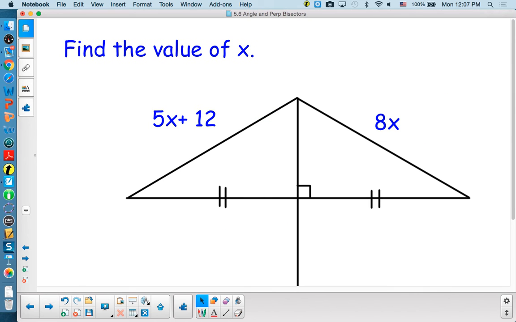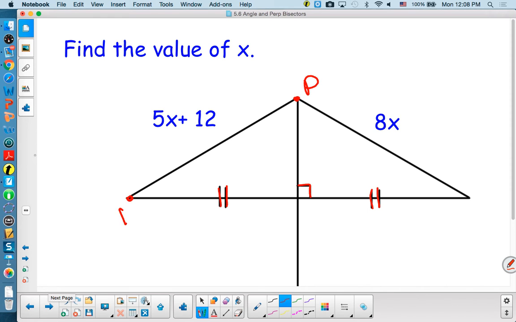Another example, I turned the diagram this time, but look at the markings again. So this point P is on the perpendicular bisector.